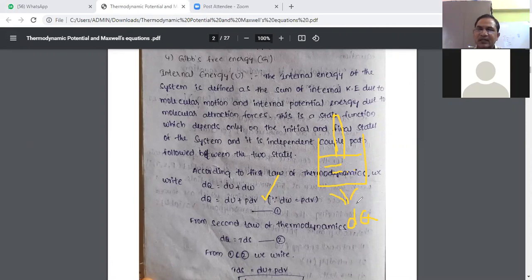Whatever energy is given to the system is utilized in two ways. Some part of energy is used to increase the temperature of the gas, that means internal energy. And this piston will move outside.